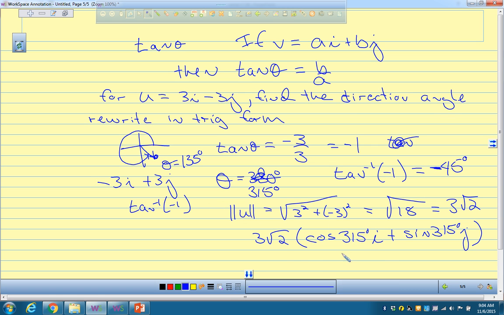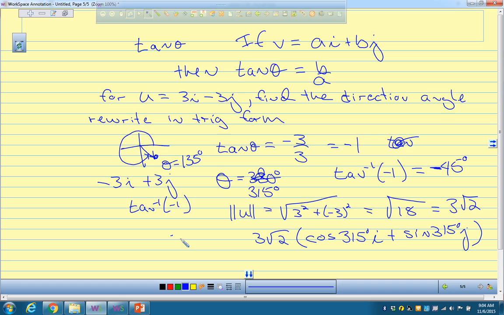But if they want you to put that in direction angle form, then you leave it like that, because that way you can tell more about it.